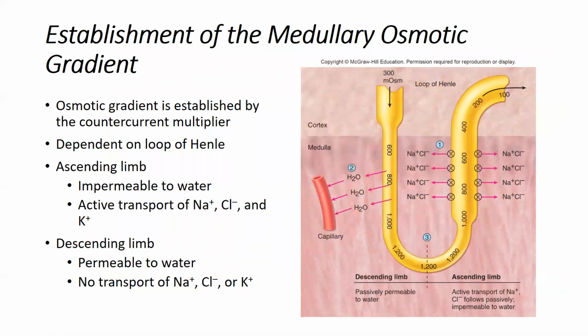So this countercurrent multiplier mechanism means that if I make the medulla more salty by reabsorbing all of this salt, I now have a concentration gradient on the descending side where water wants to move along its concentration gradient. All right, so think about, again, the osmolarity of the medulla here. We've reabsorbed all this salt, all these solutes on the ascending side.